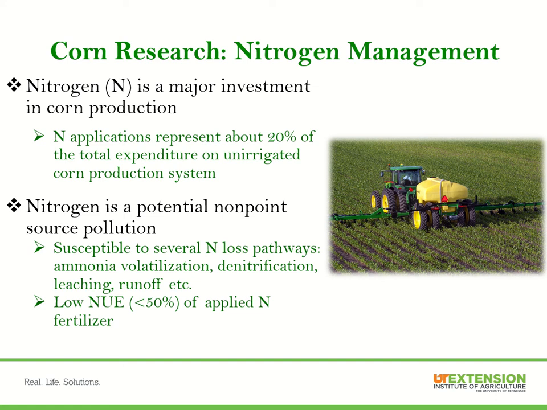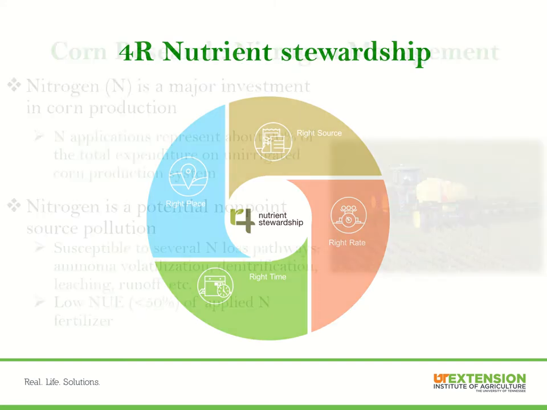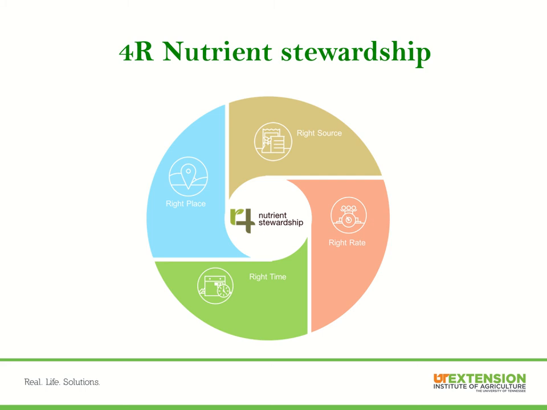Because of all of these different nitrogen loss pathways, nitrogen applications tend to have very low nitrogen use efficiency. So it's very important to manage that nitrogen by adopting or following best management practices. And we'll talk about one such practice in a moment.